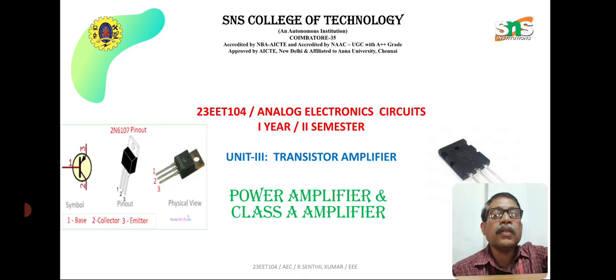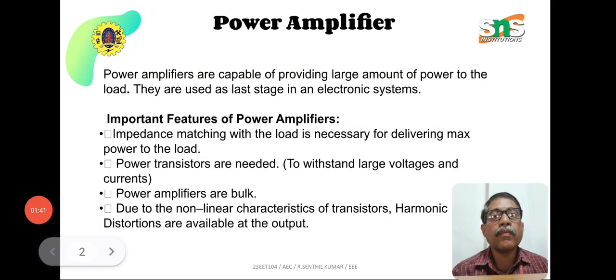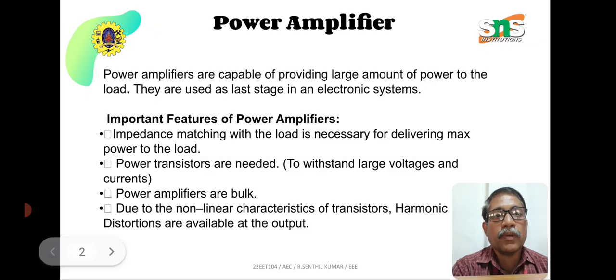Now see, on the left hand side, the transistor symbol, a 3-pin configuration transistor, is shown. Here we are going to discuss the transistor as an amplifier, the power amplifier.